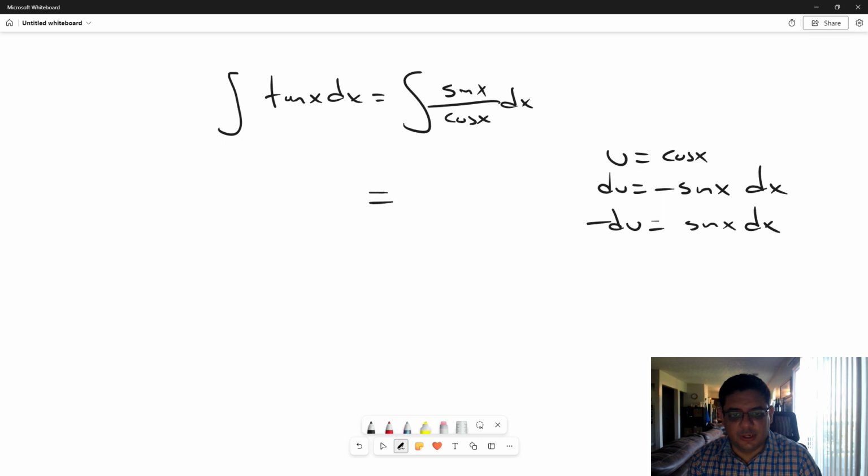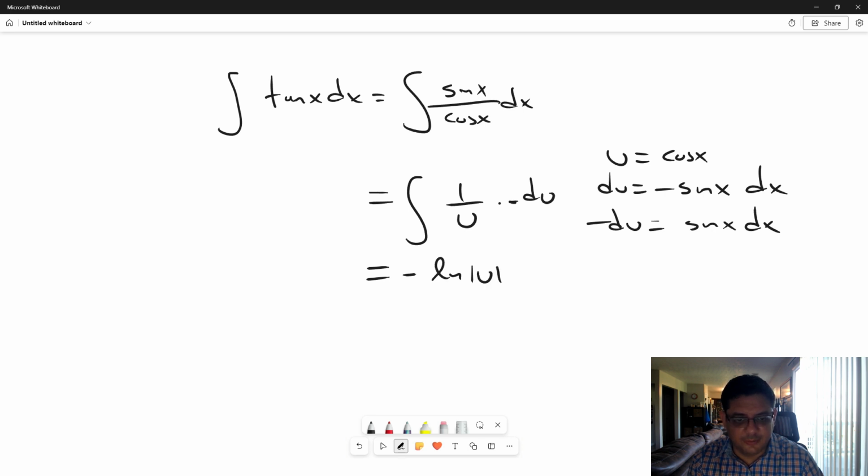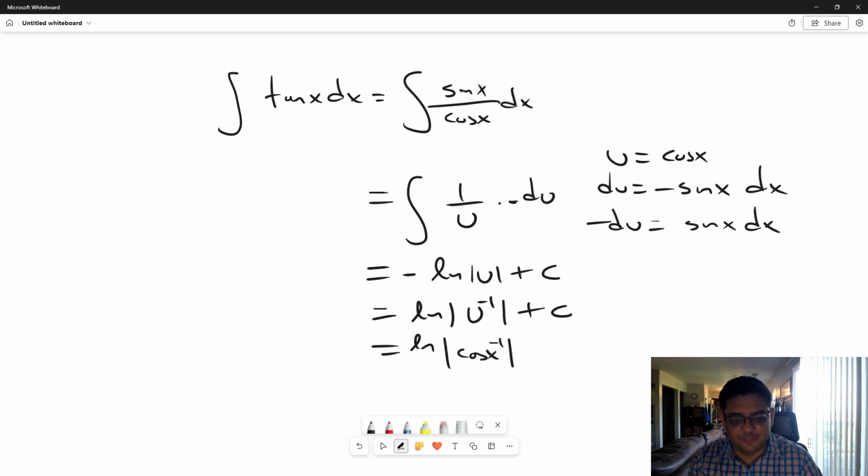So this transformation is 1 over u times minus du, and this can be seen as minus log of the absolute value of u plus c. And this minus, by a property of the exponents, is just log of u to the minus 1 plus c. Now, because u equals cosine, this is like cosine of x to the power of minus 1.